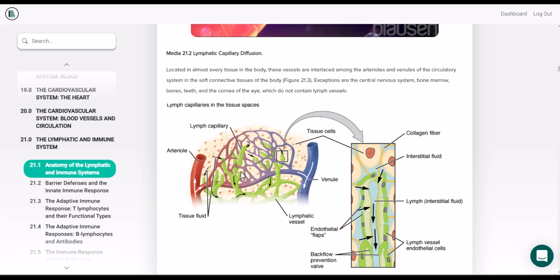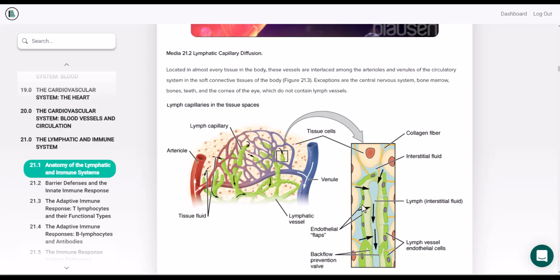The majority of the fluid will be picked back up by the blood capillaries, and join out of the capillary bed into venules. The lymphatic capillaries are leaky. They're described as having endothelial flaps. Recall that blood vessels are lined by endothelial tissue, a simple squamous epithelium.